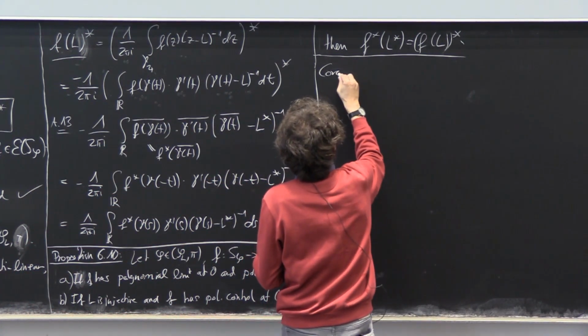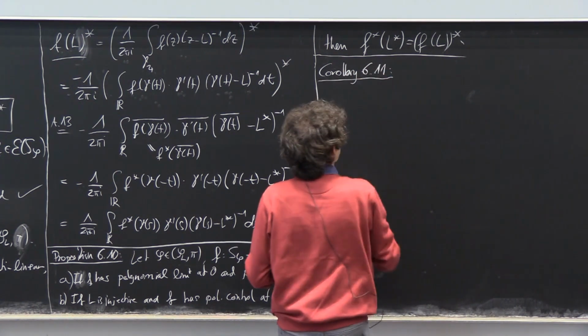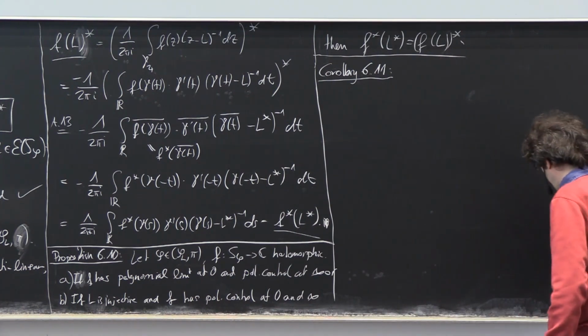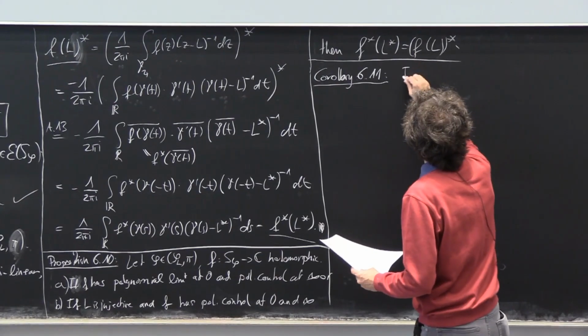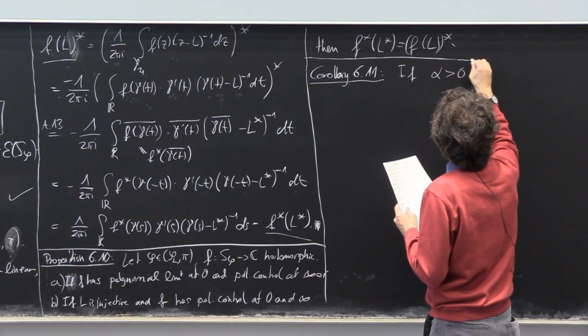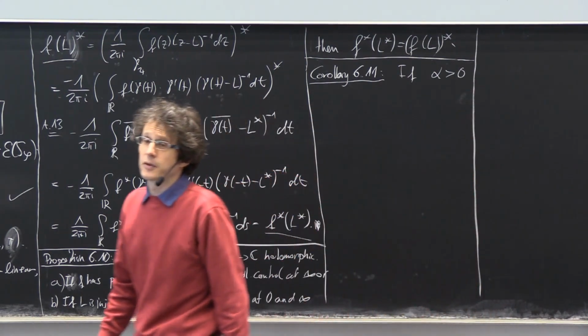Let me write down one corollary of this for the special case of functions that we considered already in this course, so the fractional powers. And for this, let me just look at real positive exponents.